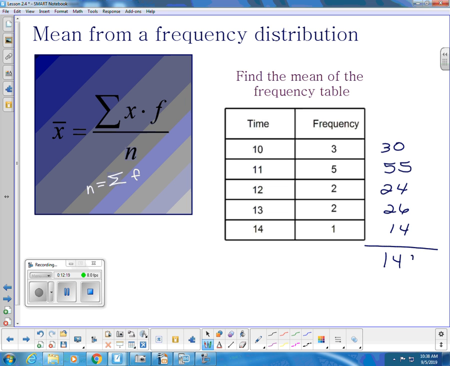So I get 149, and then what do my frequencies add up to? 13. So you get approximately 11.46 as your mean.